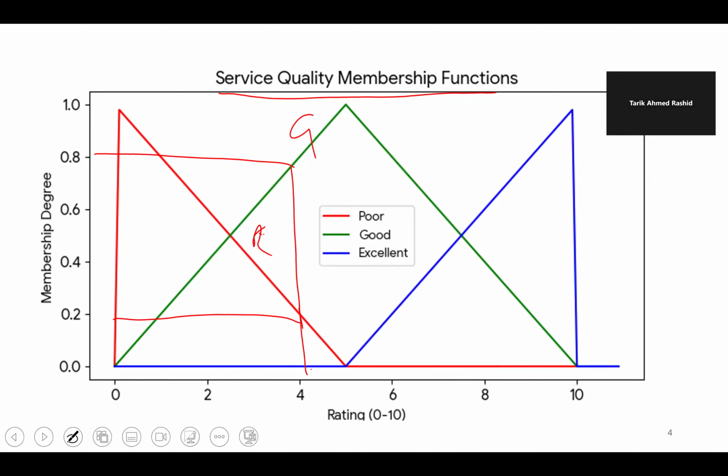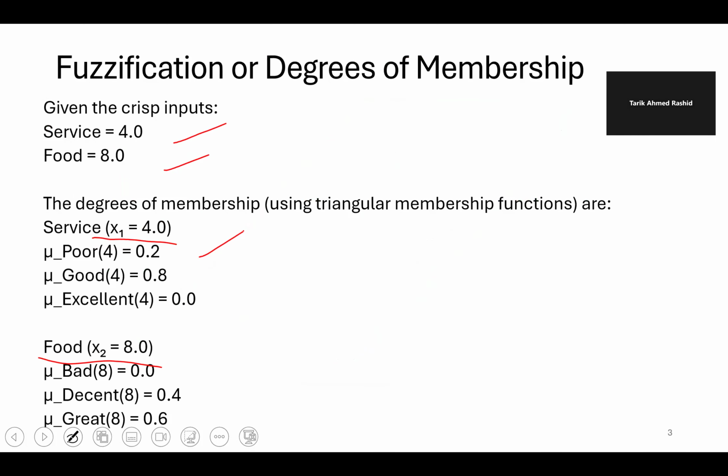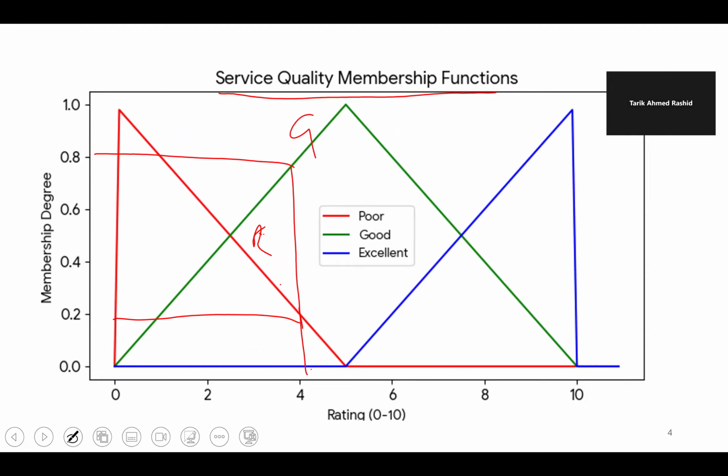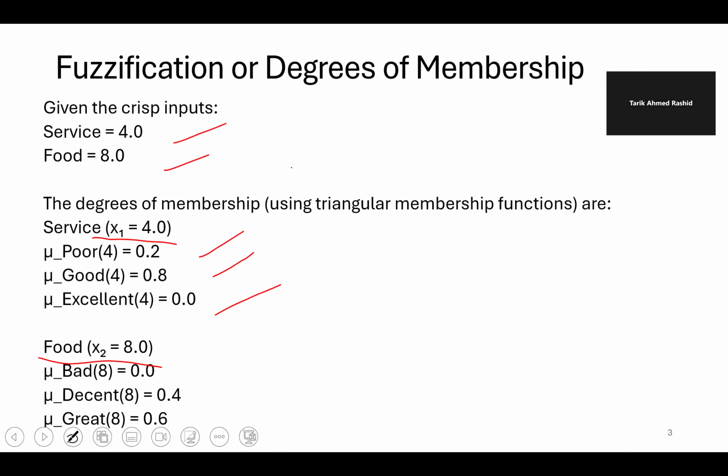When we did the projection from 4, we didn't hit the blue; we just hit these two lines. So excellent is 0.